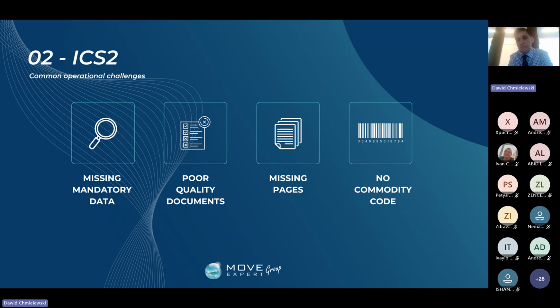So we believe that this is a flaw everyone is aware of, and everyone found a way around it. If there is no commodity code, please provide us with as much information as you can. Now, there is another issue we are struggling with, you are struggling with as well, which is providing us with unfinished declarations.